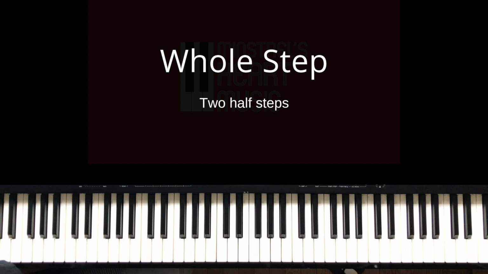Okay, so whole steps. A whole step is just 2 half steps. Why? Because 2 halves make a whole. So a whole step is just 2 half steps. So how does that look on the piano? Let's start from C. What would it look like to move 2 half steps up from C?